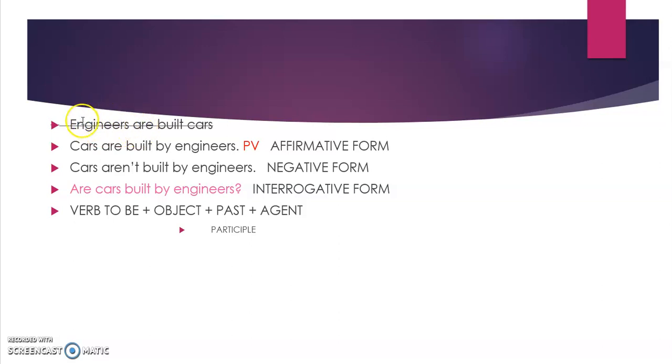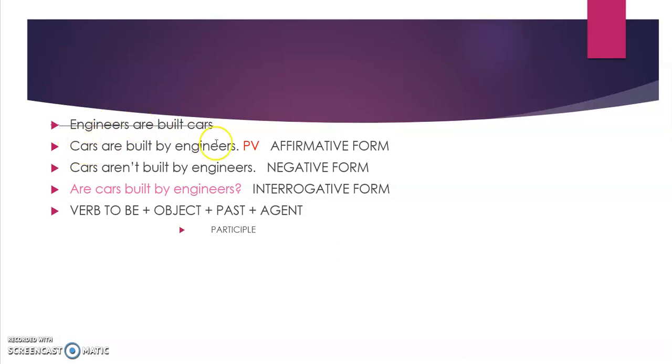Because I began with "engineers are built cars." No, because I began the passive voice with the object. In this case, the object is the cars. For that reason, this sentence is incorrect.